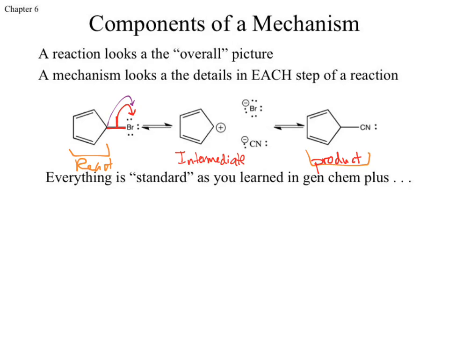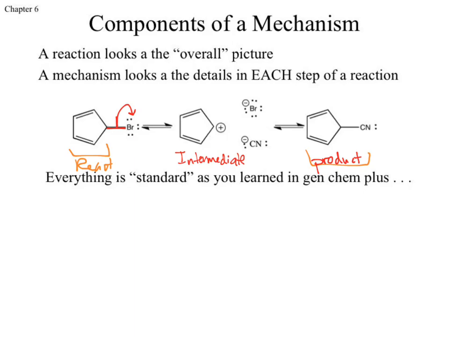This is one of the huge advantages of Sapling. Sapling will give you the option of starting your arrow in the bond or at an atom. If the electrons are on the bond, where does your arrow need to start? In the bond. So you have to be very, very careful when dealing with mechanisms to show exactly where the electrons started and where they ended. Sometimes Sapling is nice and won't allow you to do other options. Okay, so be aware of that. We have to be very careful with our arrow pushing, always start where the electrons exist and move to where they need to be at the end.